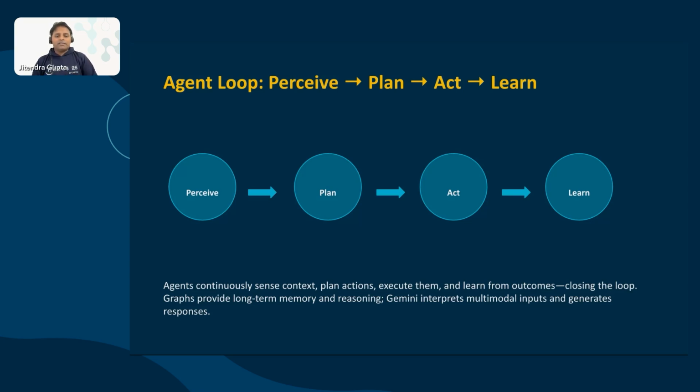Based on that, it plans execution, and also it acts upon it. After the execution, not only does it complete the task, but it also learns for further context building, or a long-term or short-term memory context as well.